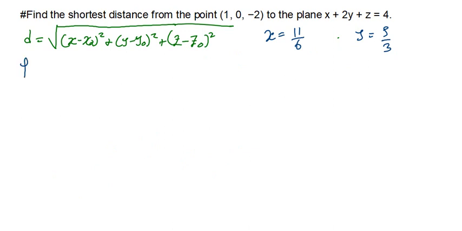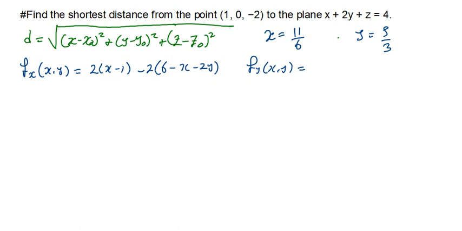From the first partial derivative with respect to x, we found it to be equal to 2x minus 1 minus 2, then 6 minus x minus 2y. With respect to y, it was 2y minus 4, then 6 minus x minus 2y.